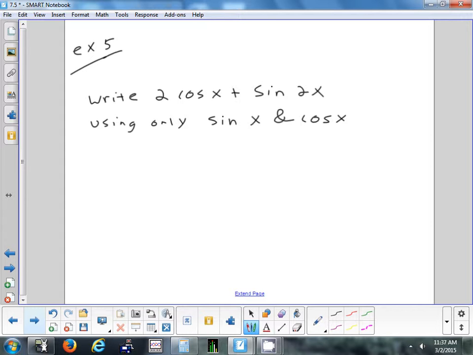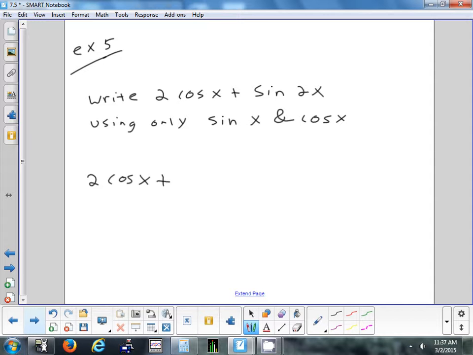Is there a 2 in the argument for that one? No. There's the 2 on the outside, but that's fine. We just don't want a 2 next to the x, and there isn't. So the first one is actually fine. We can leave that part. The second part, we have to fix it.